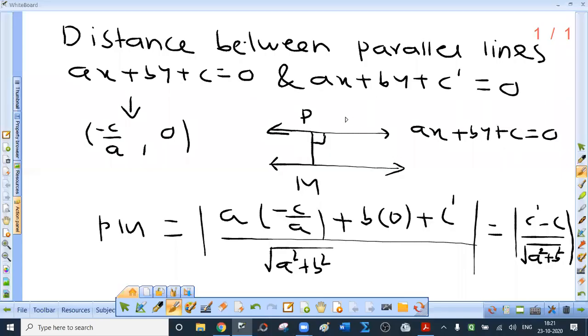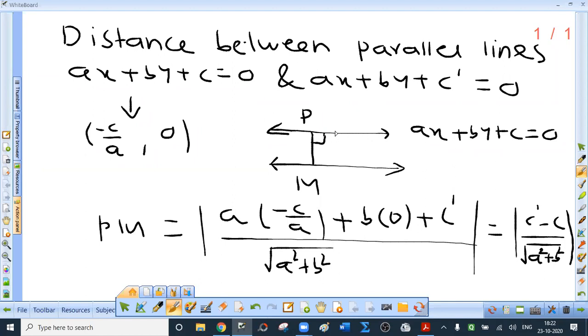Now we discuss how to find the distance between parallel lines ax + by + c = 0 and ax + by + c' = 0. See, the lines are parallel, so it will be ax and by in both the equations. Or if it is 2ax + 2by, then we'll have to divide by 2 first, right? Now the logic is very simple.